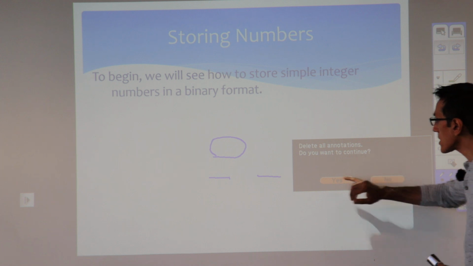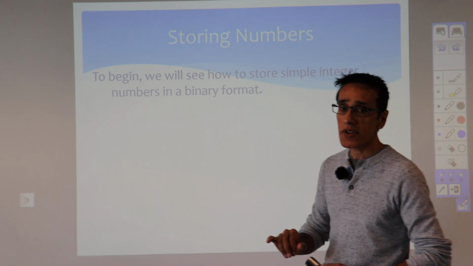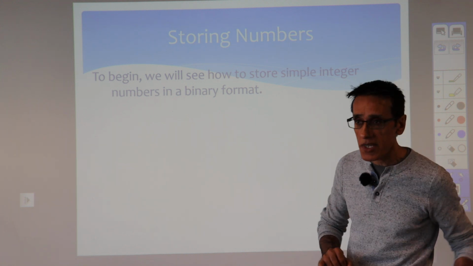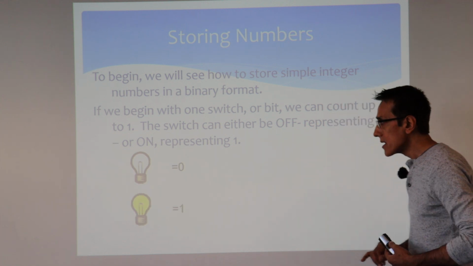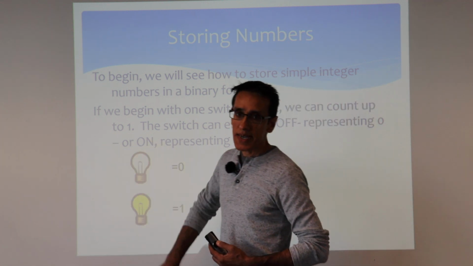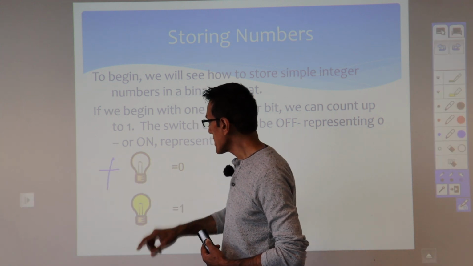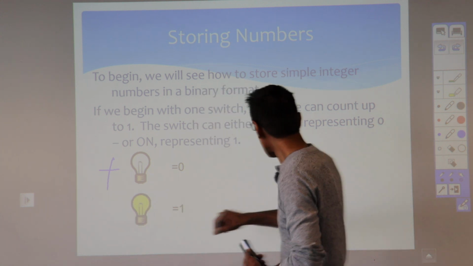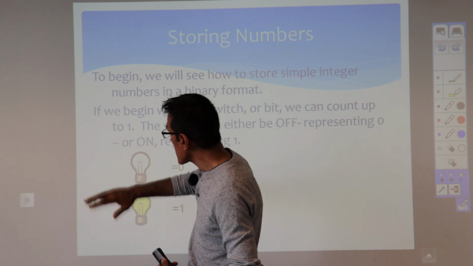How can we store numbers when using binary? These light bulbs are representing a switch. Put no charge in here and it's a 0.